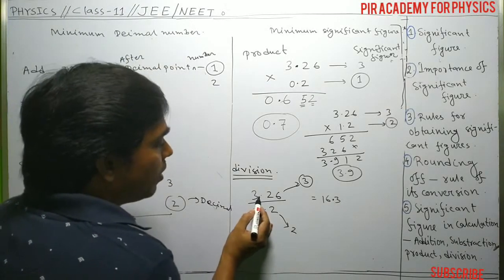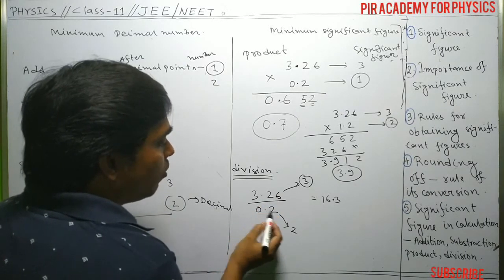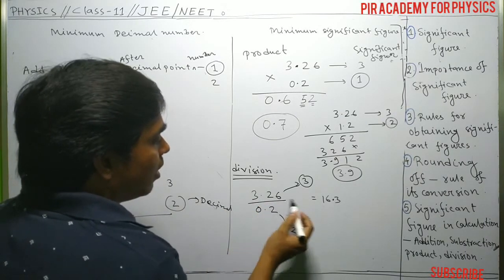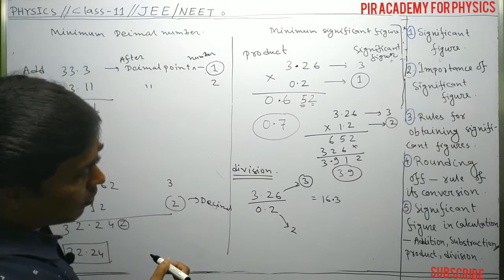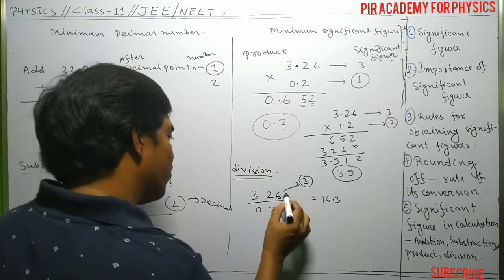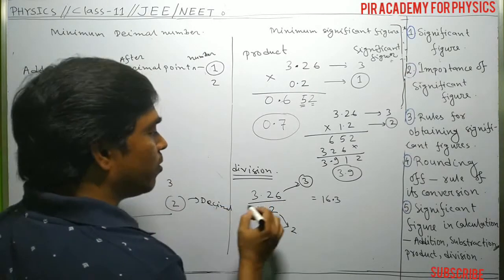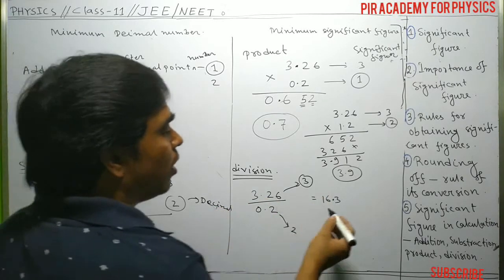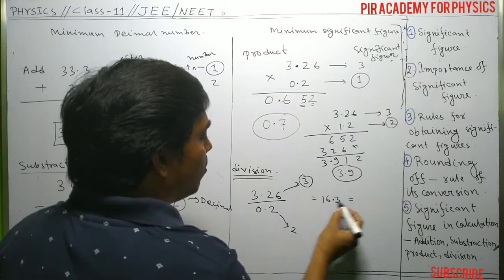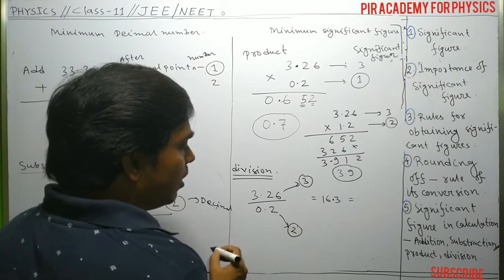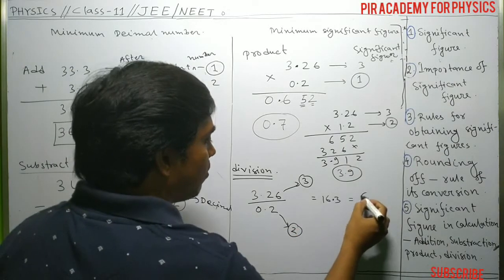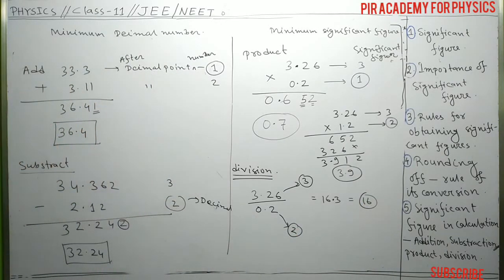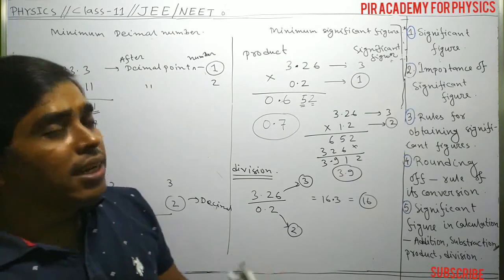The division between 3.26 and 0.2 will be 16.3. Then the answer will be with 1 significant figure. That means it will be 16. In this way, you can calculate any number.